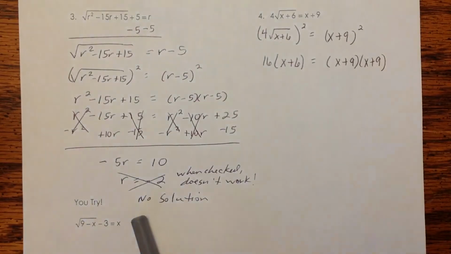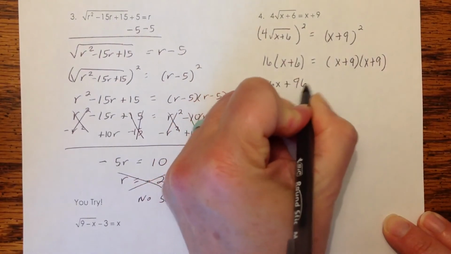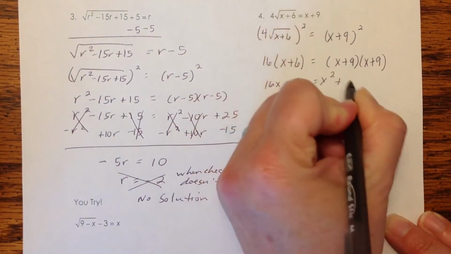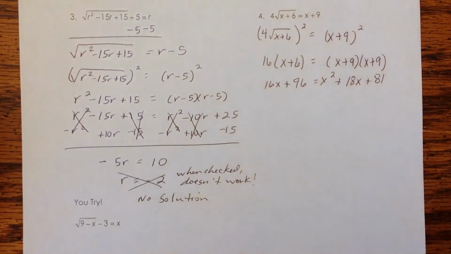So you're going to distribute the 16 and get 16x plus 96. And you're going to get x squared plus 18x plus 81 when you FOIL.